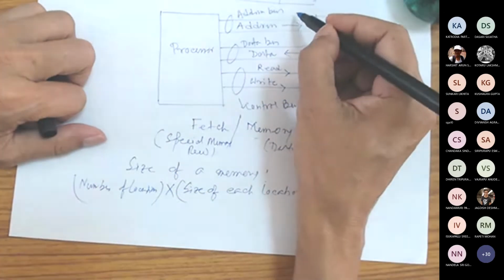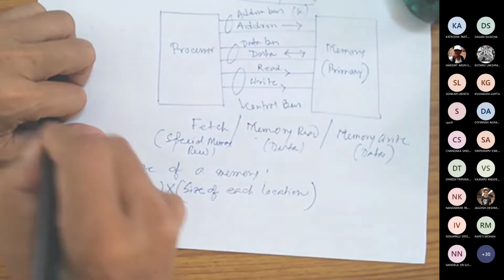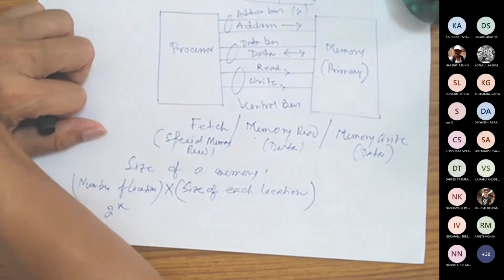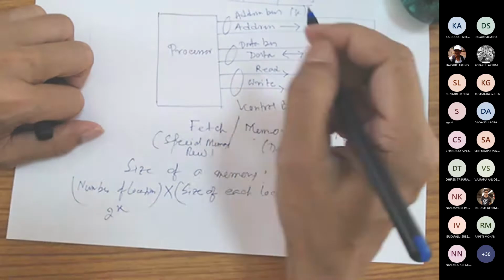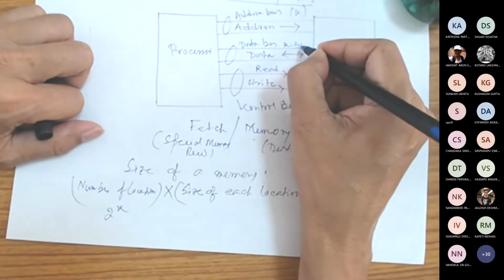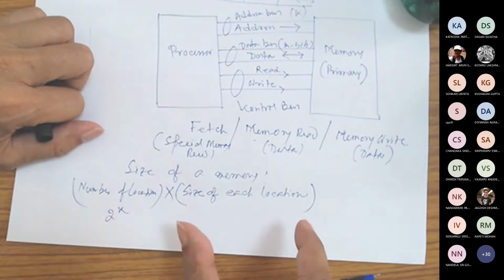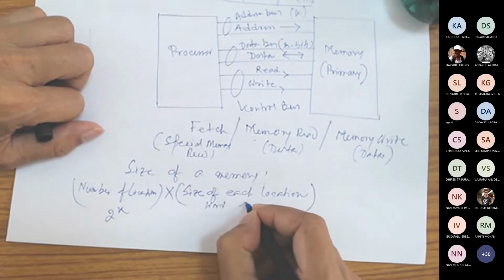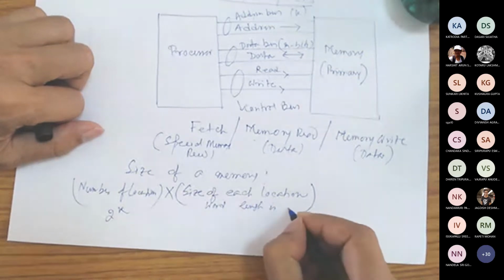So if we have k address bits, we know that there are 2 to the power k locations, or 2 to the power k addressable locations. And if the data bus is, say, n bits, then we know that the size of each location, we can say word length, is n bits.